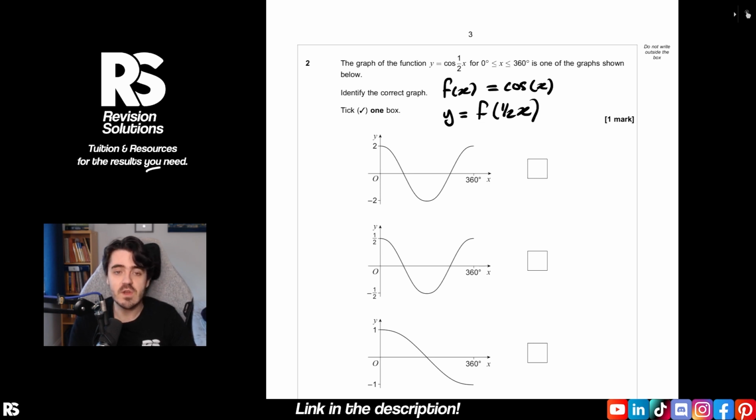Specifically, it would be a stretch in the x-axis by a scale factor 2. So if the regular cos graph repeats every 360 degrees, after the scale factor of 2, it's going to be every 720 degrees. So we're looking for a graph where one repetition is 720 degrees.